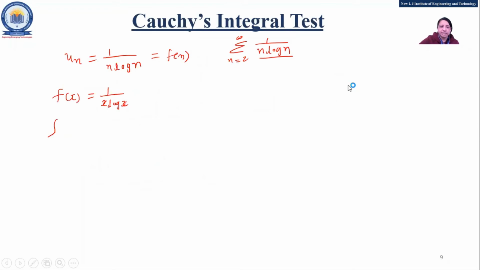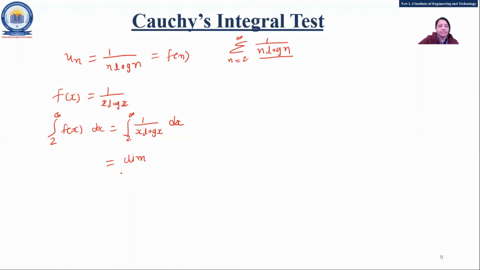But in the series it is given from 2 to infinity. So we'll write it that way: integration from 2 to infinity of f(x) dx equal to integration from 2 to infinity of 1 upon x log x dx. Fine. Now apply the limit.